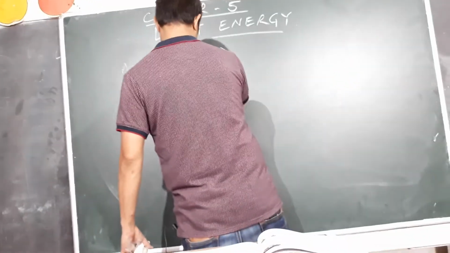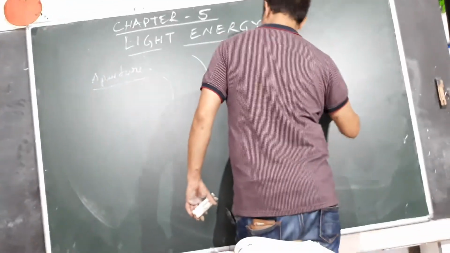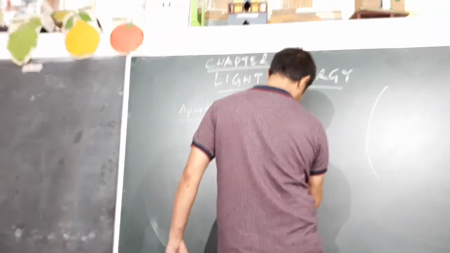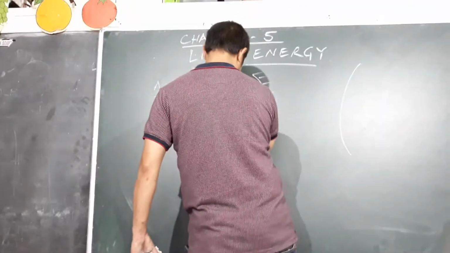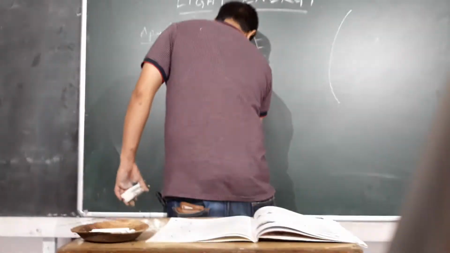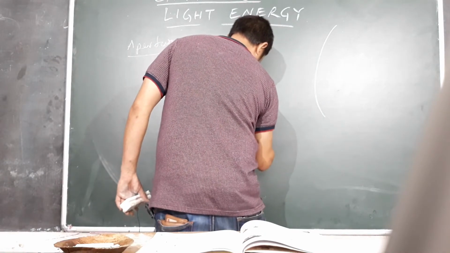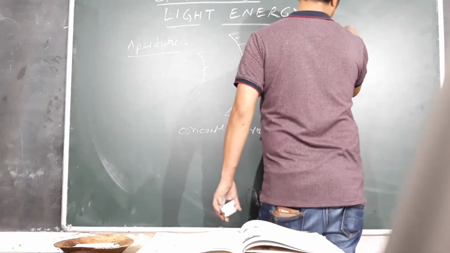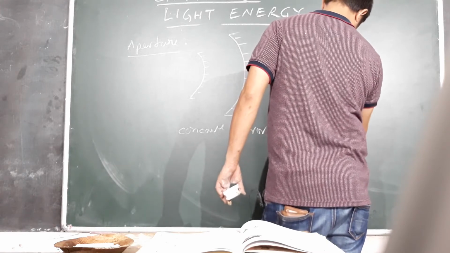Small one. This is a concave mirror. This is the convex mirror.